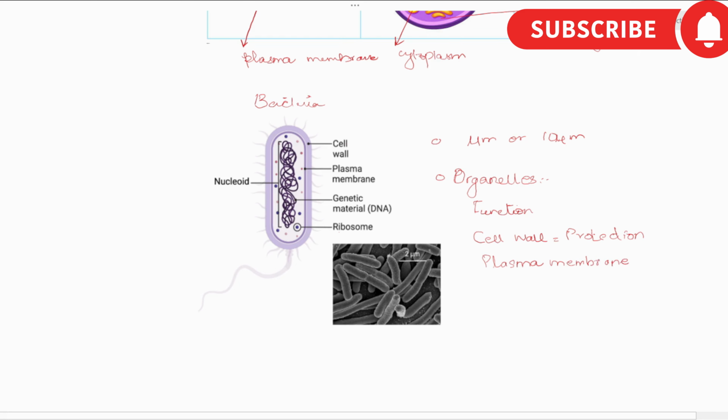You are living in a room, okay? So you have walls made up of bricks. Consider those bricks as the cell wall. Then the internal walls sometimes have wallpaper or some kind of coating. That coating is the plasma membrane, which is a bit softer one.